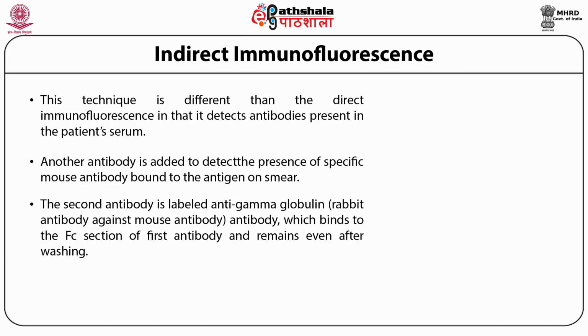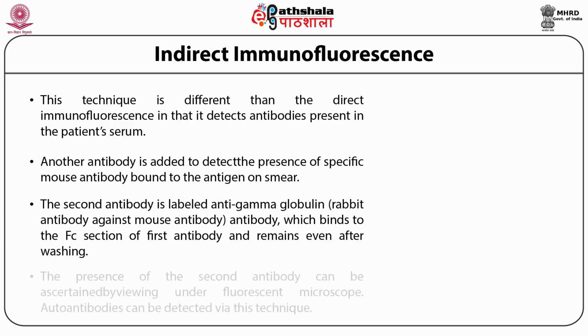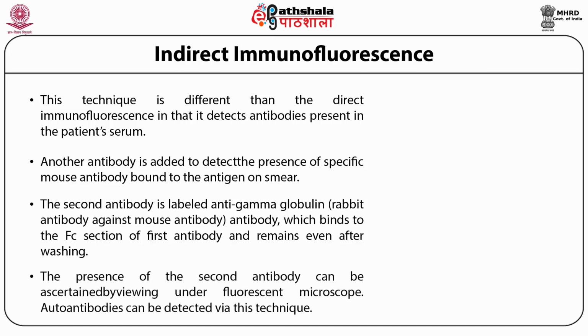The second antibody is labeled anti-gamma globulin, that is, rabbit antibody against mouse antibody. This binds to the Fc section of the first antibody and remains even after washing. The presence of the second antibody can be ascertained by viewing under fluorescent microscope. Autoantibodies can be detected via this technique.